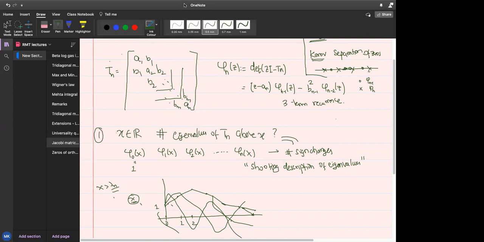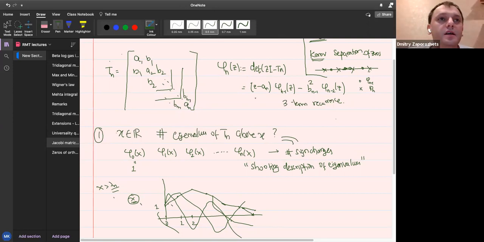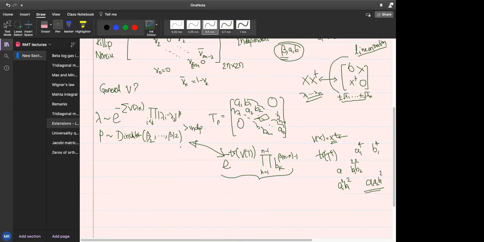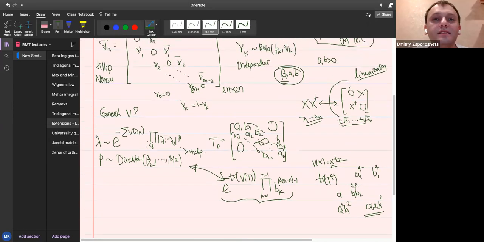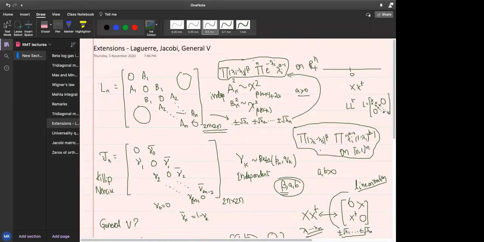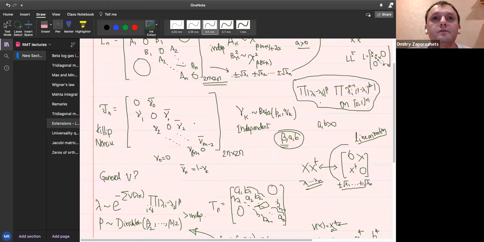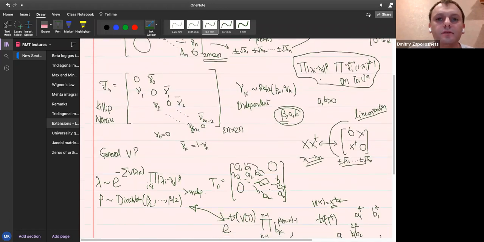I have one question concerning the part where you consider this tridiagonal representation for general V. And for the gamma case, we have zero main diagonal, right? Yeah, this first one.